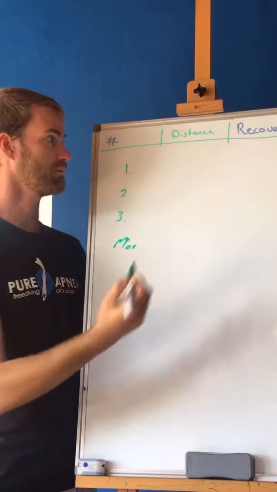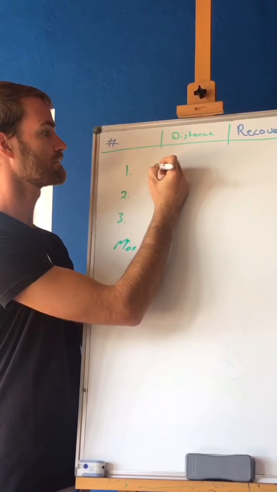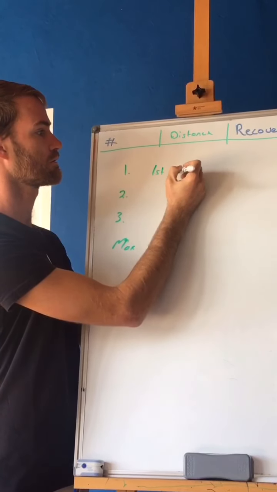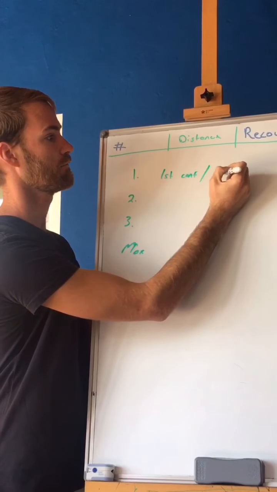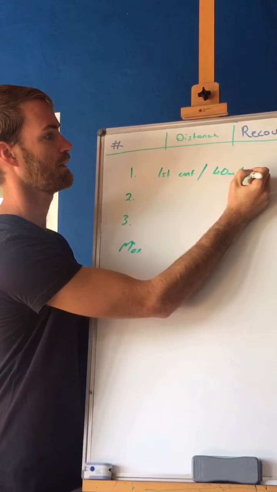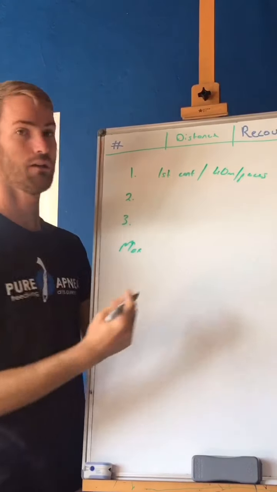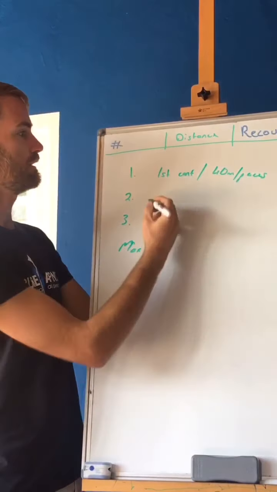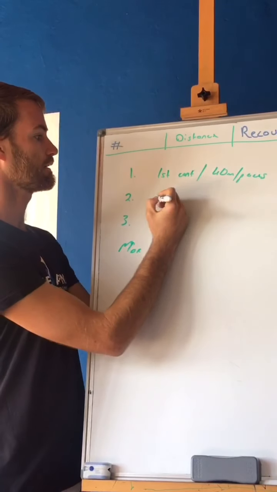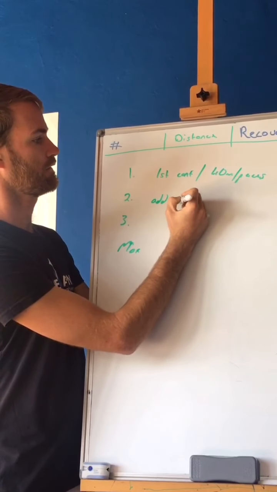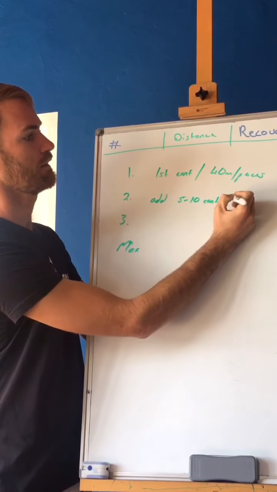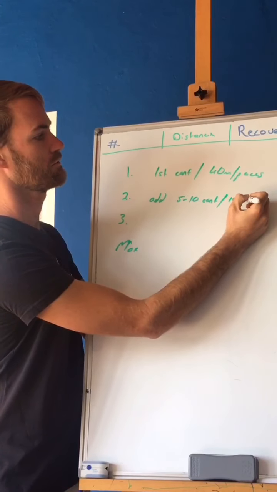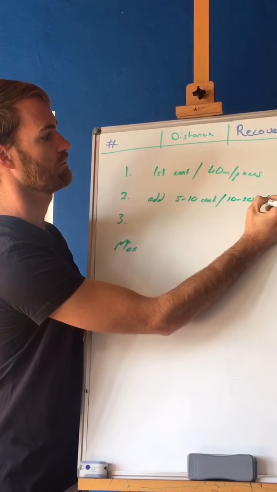On the first warm-up, hold your breath and walk until first contraction or a set distance, say 40 meters or paces. On your second warm-up, equal that distance and add 5 to 10 contractions and another 10 to 20 meters or paces.